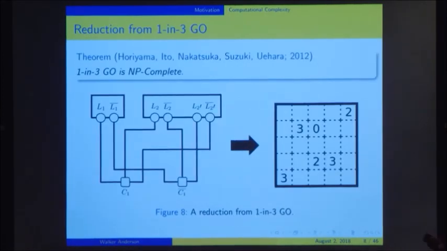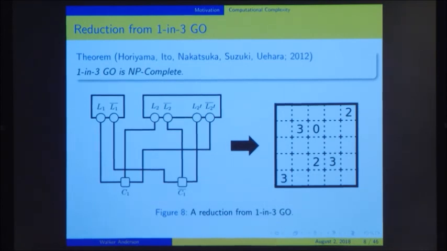So this problem, I'll abbreviate it 1 in 3 GO for 1 in 3 graph orientation, has been proven to be an NP-complete problem. So the general strategy for this proof is to try to implement a 1 in 3 GO problem as a Five Cells puzzle. Every aspect of the 1 in 3 GO problem will have an equivalent Five Cells puzzle that goes with it.